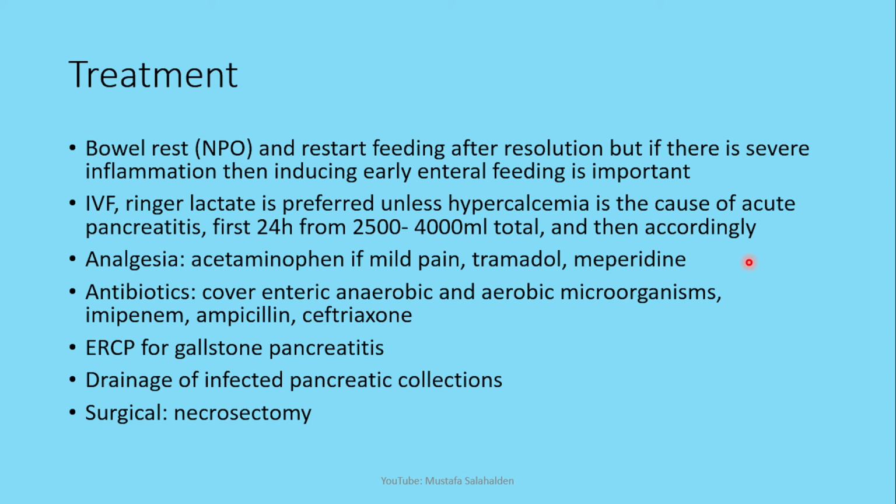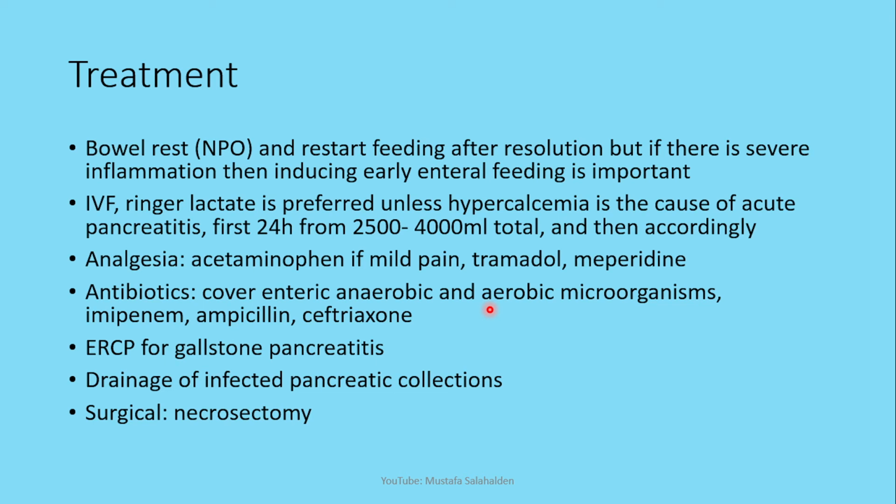Analgesia, you start with acetaminophen if mild pain, and if severe pain, you should change to tramadol and meperidine. Antibiotics, you should cover the enteric anaerobic and aerobic microorganisms, and this is usually achieved by imipenem, ampicillin, and ceftriaxone.